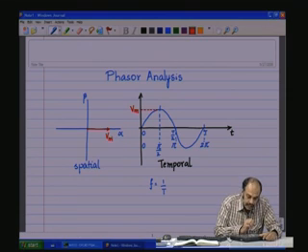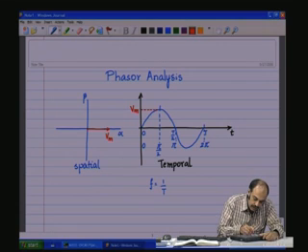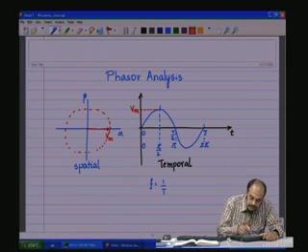Now, this Vm is made to rotate, being anchored at the center here, and it starts rotating like this and completes one circle for one period.